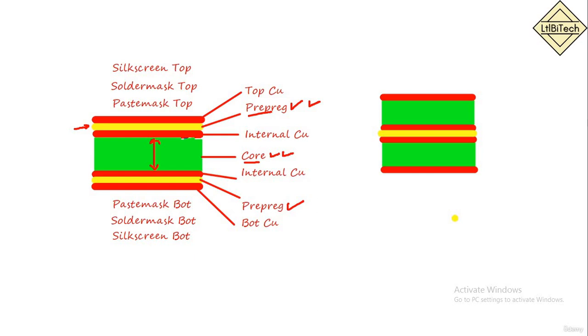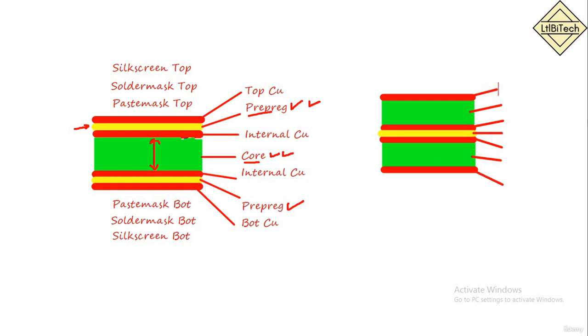We will discuss what a laminate core PCB is. Here we can name this as the top copper, this is core 1, this is the second copper, this is pre-preg 1, this is the third copper, this is the second core, and finally we will have the bottom copper.